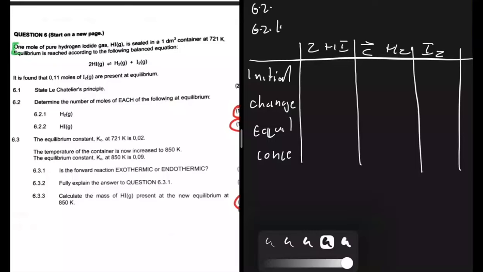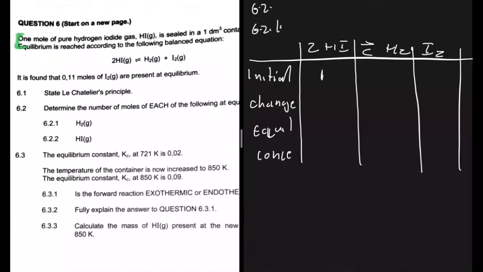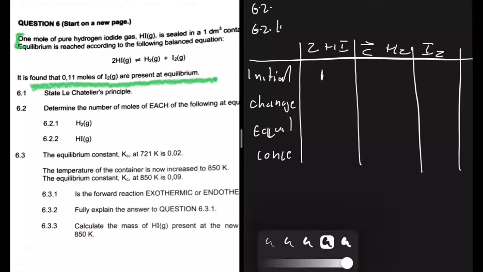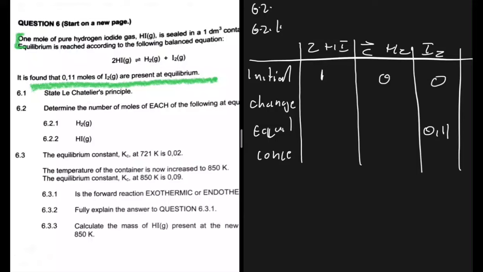It is said to be 1 mole, and then from there we're given the number of moles at equilibrium of I2, which is 0.11. Initially, we didn't have any H2 or I2, right? So we had 0 and 0 here.